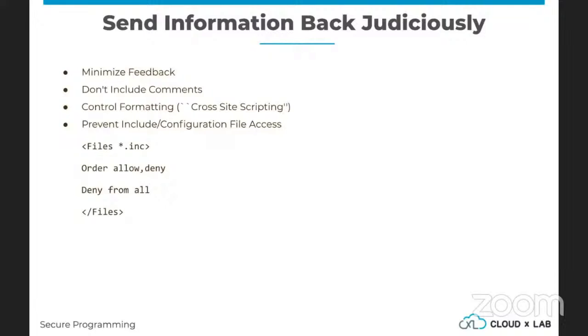When you're building a server or a service, show the full technical details to the developers in the logs. But on the interface, in case there is a bug in the system, you should generally deny the access and say that, sorry, we are not able to log you in at this point of time, please contact such and such. That way you minimize the feedback.